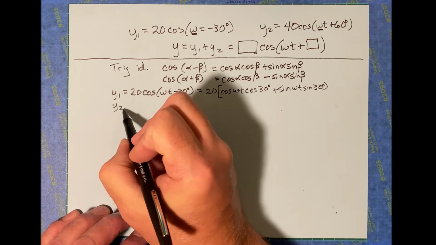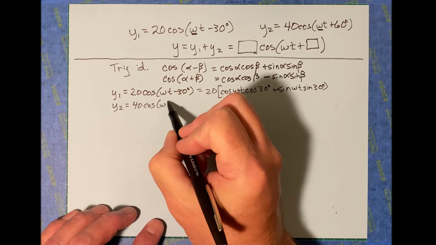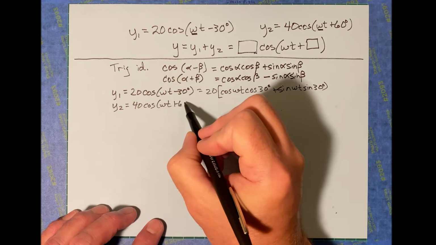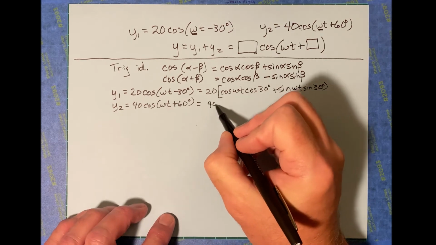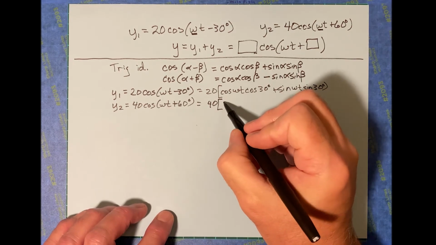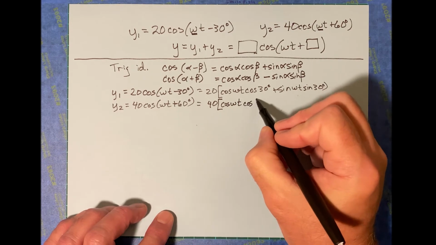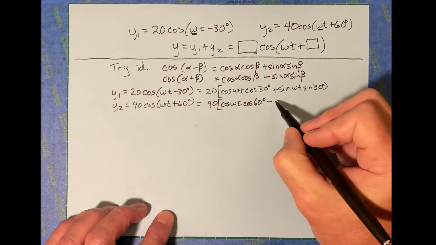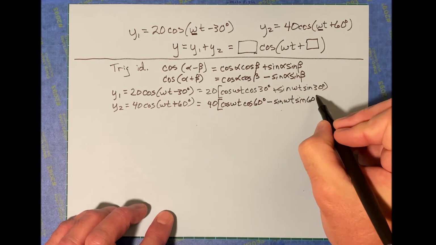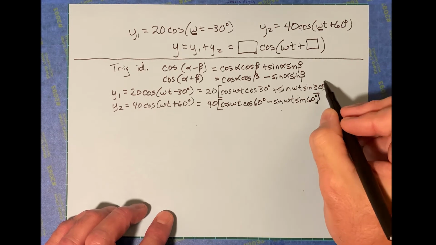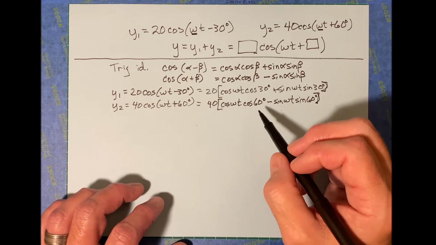We'll do the same thing with y2. y2 is 40 cosine omega t plus 60 degrees, and we're going to rewrite that as 40 times [cosine omega t cosine 60 degrees minus sine omega t sine 60 degrees]. Those are both square brackets. Okay, well, let's see.